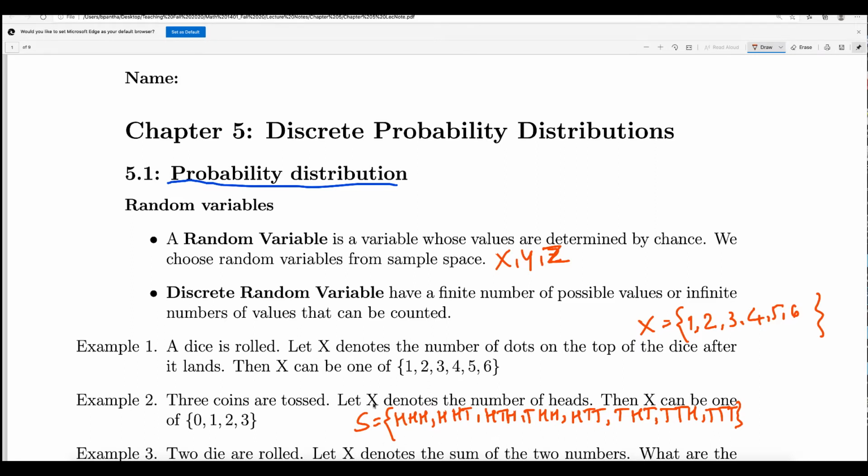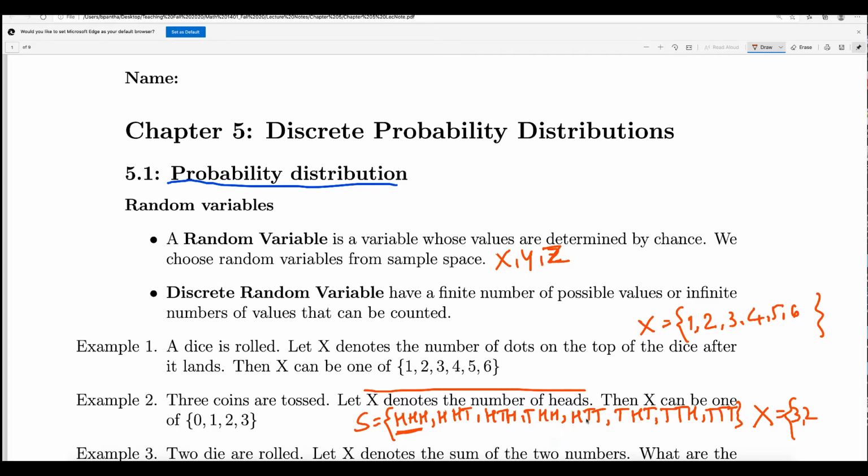Now we denote the number of heads by X. How many heads are there on the first outcome? 3. On the second, 2. On the third and fourth, there are 2 heads.